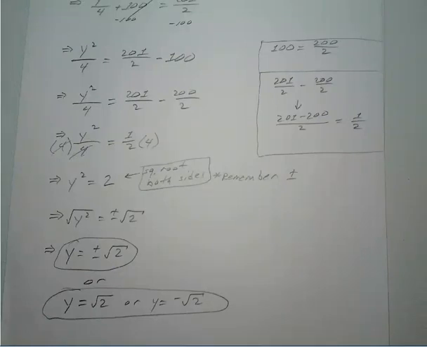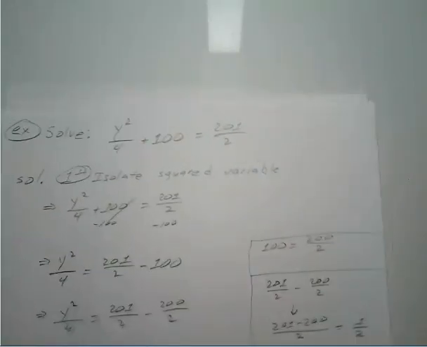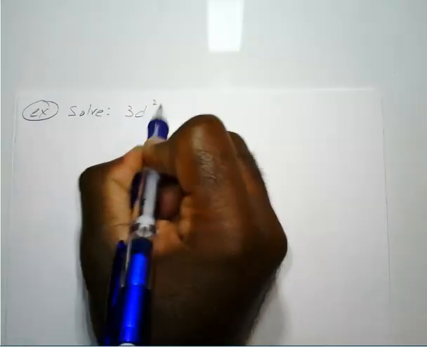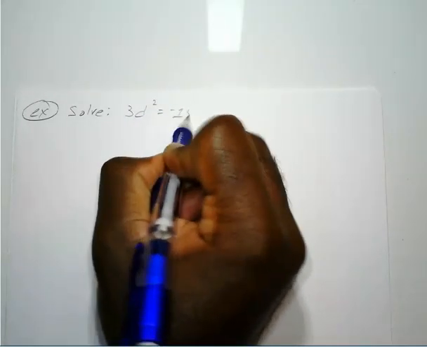Alright, so let's go ahead and do another example. Okay, so what if we wanted to solve 3d squared equals negative 15?